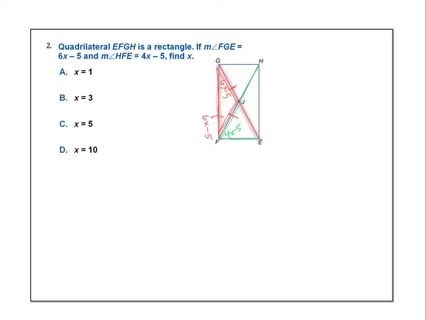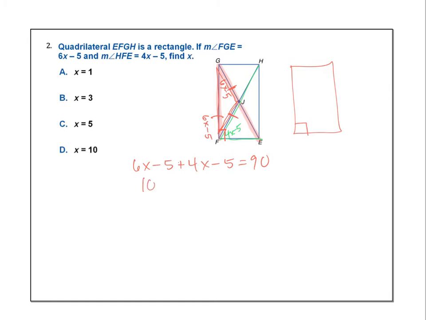Because if it has two sides the same in that triangle, it's also going to have two angles the same. Now think about a rectangle. When you have a rectangle, the corners are 90. And so the 6x minus 5 plus the 4x minus 5, both of those together down here, should add up to 90. Because it's the corner.